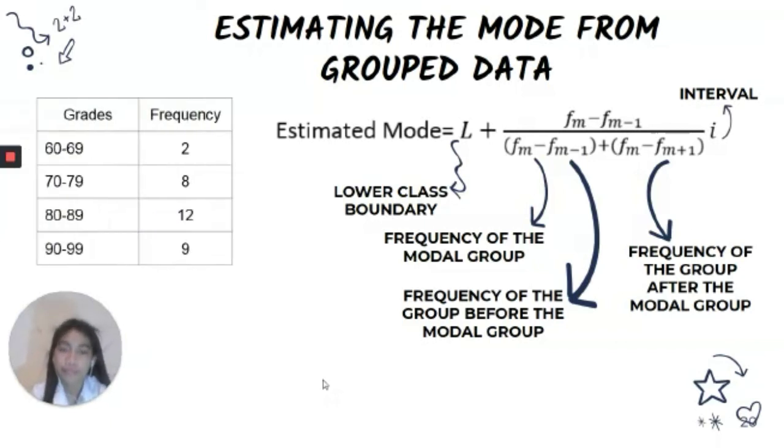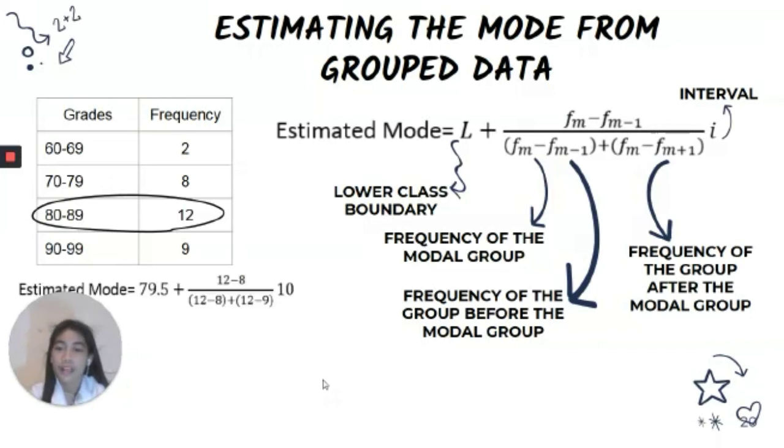So, dito po yung data natin kanina. Ang modal class po natin ay 80 to 89. Doon tayo hanap ng given na data. So, for the lower class boundary, 80, subtract 0.5 from it, so we can get 79.5 plus 12 minus 8.